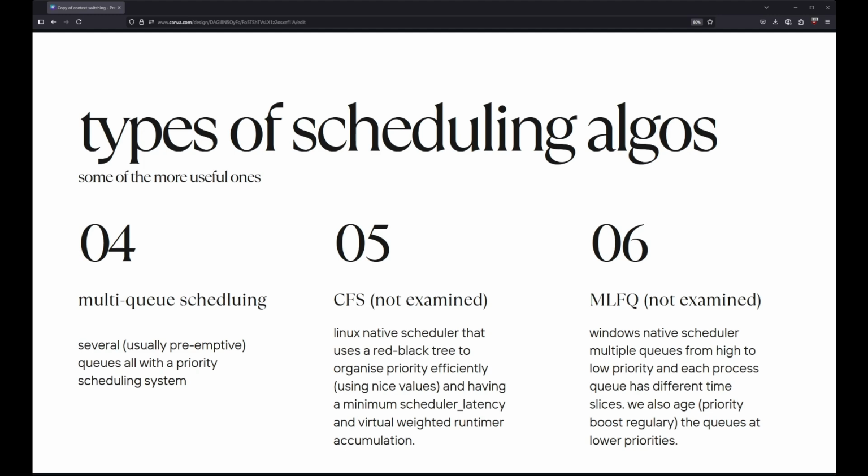So by boosting the priorities, we're preventing this thing called starvation, where the low priority processes don't get as much runtime as they should, because obviously we want all processes to be equal in a sense.